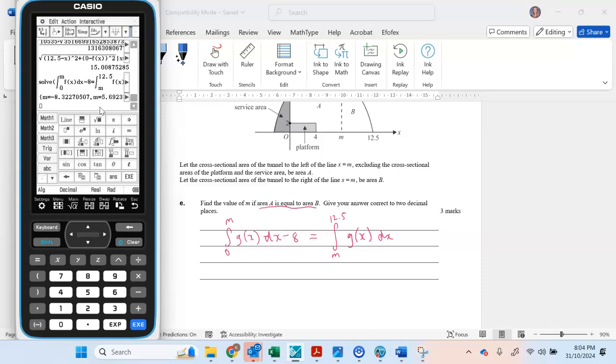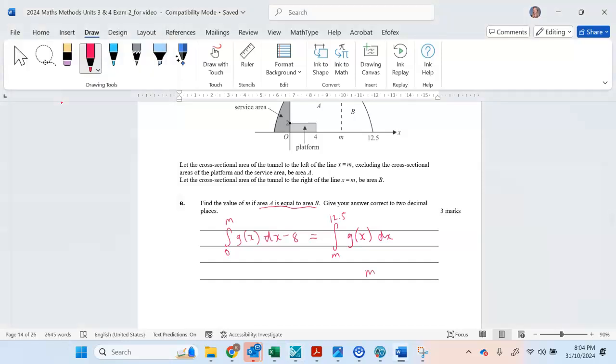All right, to find the value of m, we've got a negative. We can't have a negative because we can see it's between 0 and 12.5. So let's just go through. We can see there's a third solution, which is 17. So we're just taking this middle value, 5.69. So m is equal to 5.69.